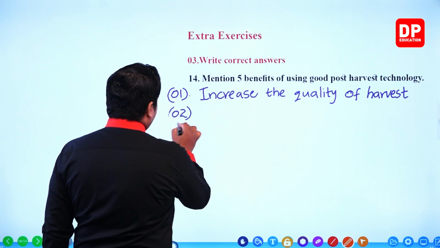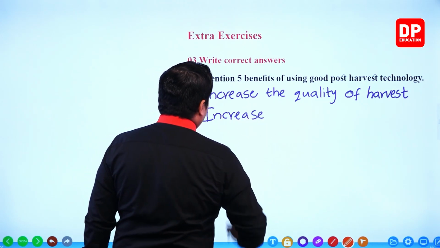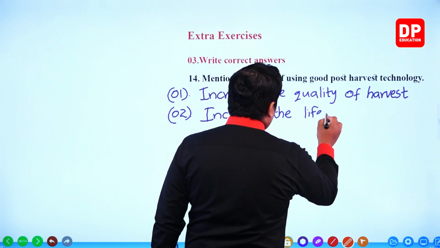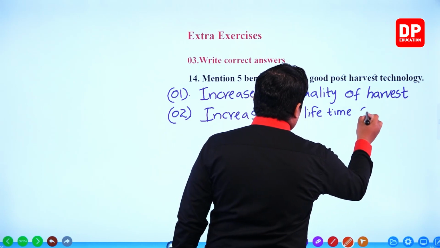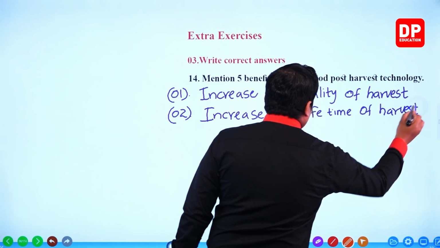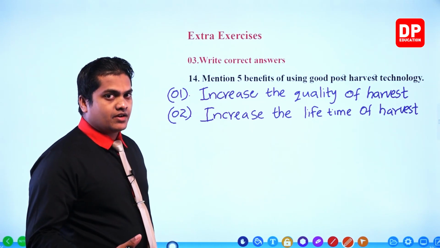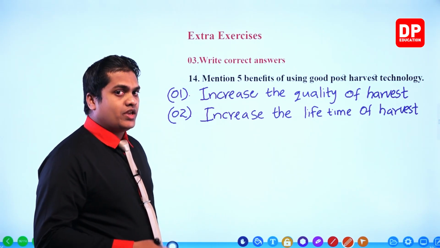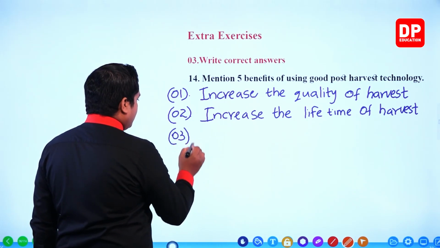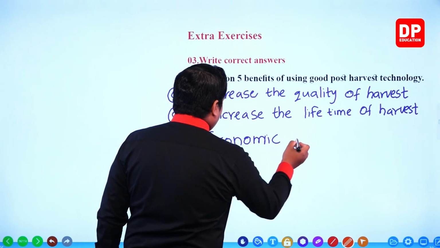Number 2, increase the lifetime of harvest. That means we can preserve food items more than the expected time period. Next one, number 3, economic benefits.